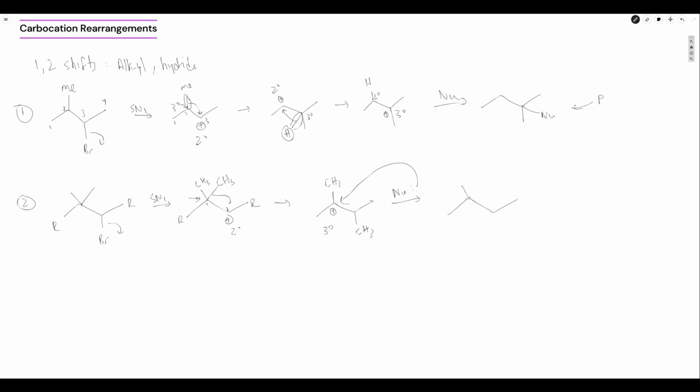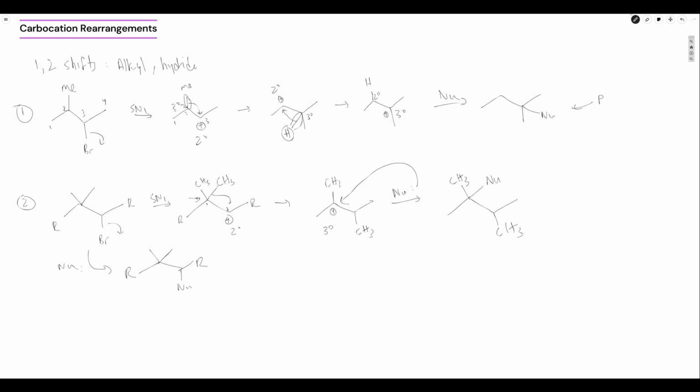What you get, of course, is this. That's what you get. And of course, what you expected would have been this, right? This is what you might have expected. So this is another case where you can generate a carbocation and either a hydride or an alkyl group that's neighboring to the carbocation can shift.